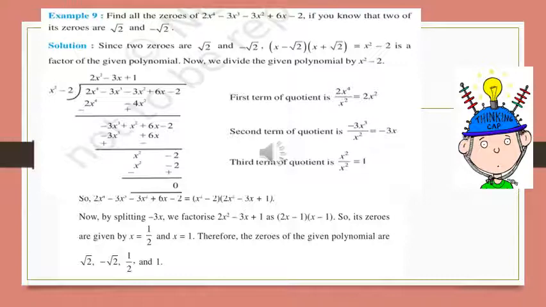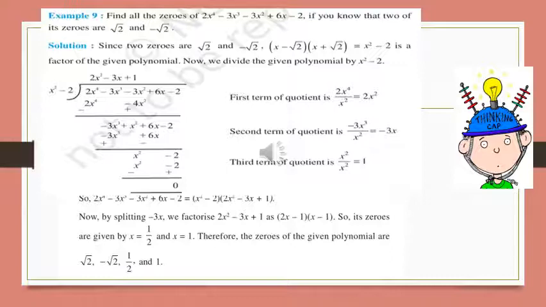The second term is obtained by dividing minus 3x cube by x square, that equals minus 3x. Write it in the quotient. Then the third term is obtained by dividing x square by x square, that equals 1. In this way we finish the division.